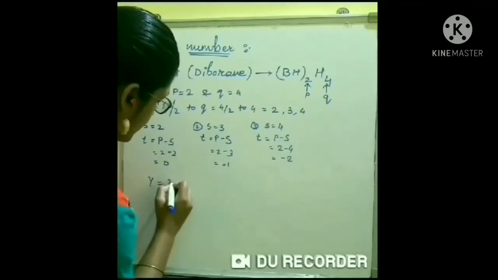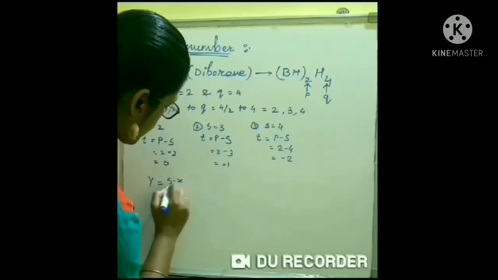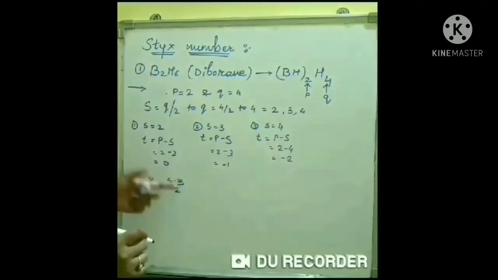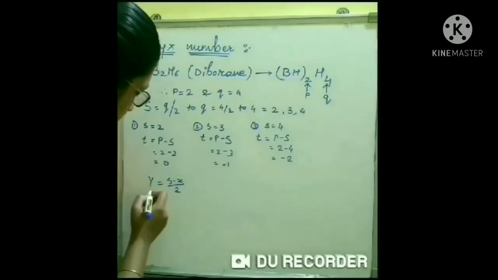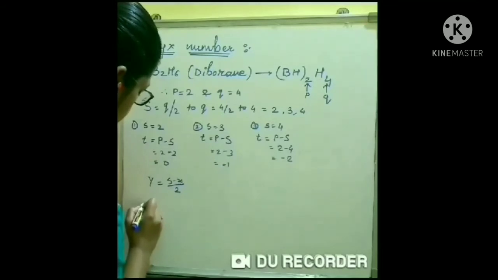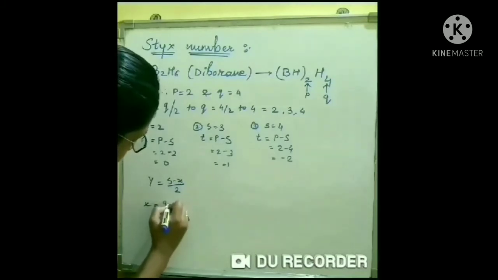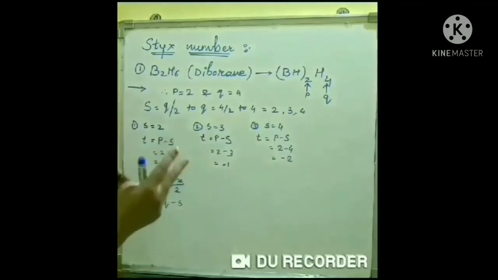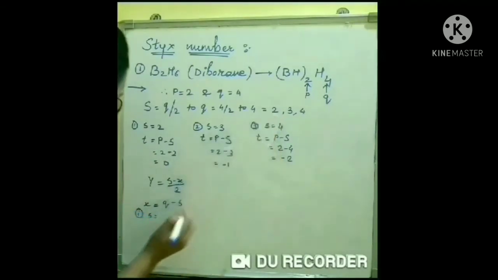As I have shown, the equation for Y is S minus X upon 2. So first you have to know the value of X, then only can you find the value of Y. The equation for X is Q minus S. Again there will be three different values for S. Let's start with S equal to 2.